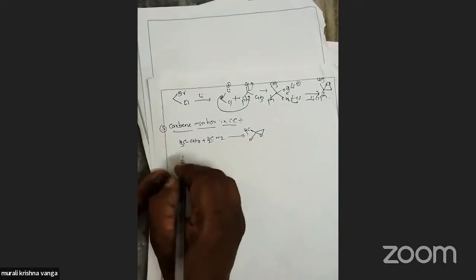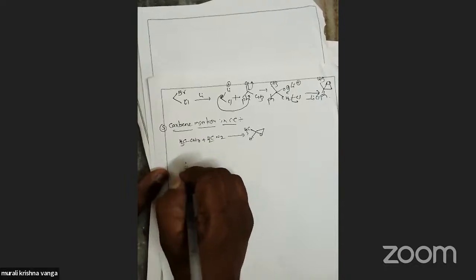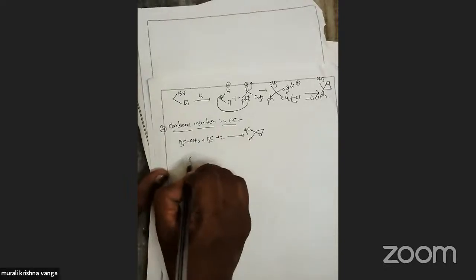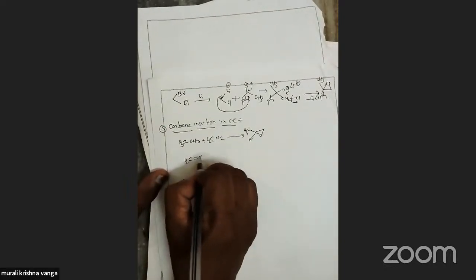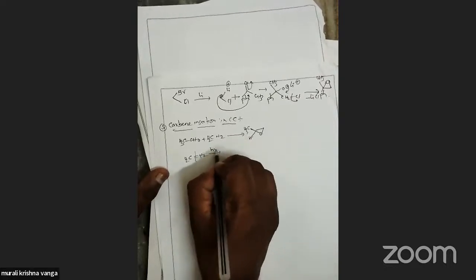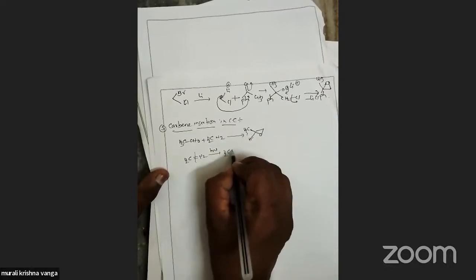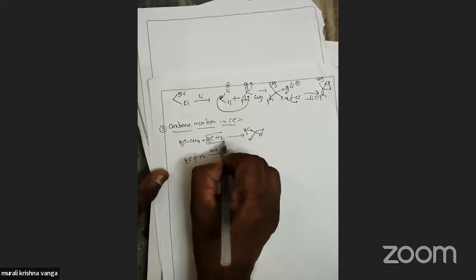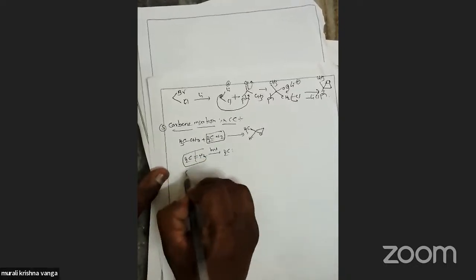The mechanism for this reaction is: when diazomethane is exposed to sunlight, it undergoes cleavage and produces carbene.